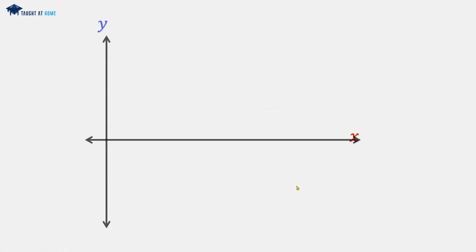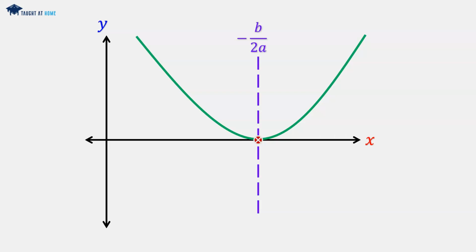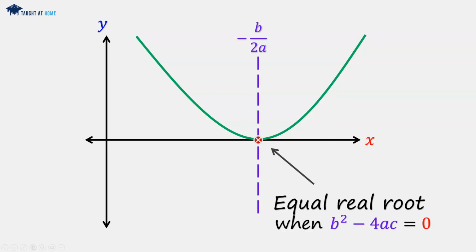So if we take an example and we plot a quadratic function, now we can see here that the axis of symmetry occurs where there are two equal real roots. So when we have the discriminant equaling 0, then the quadratic function is going to have two equal real roots. So the roots are going to be exactly the same.